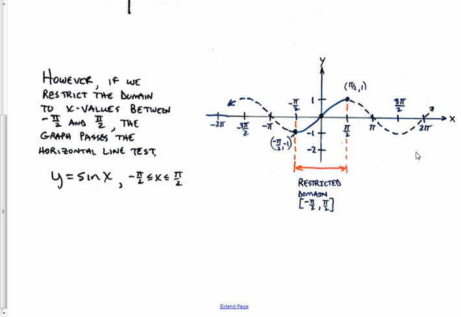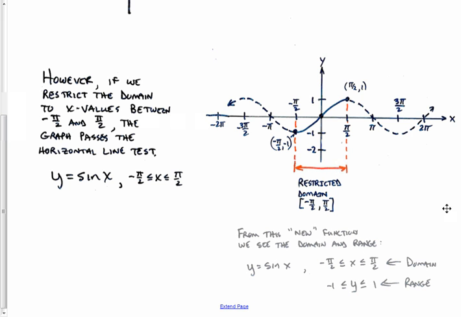So from this new function, we're taking the sine function but restricting its domain between negative pi over 2 and positive pi over 2, but notice its range takes on the full values of y that the sine function takes. The sine function goes between negative 1 and 1, and if we use only this part of the function, we still have all the appropriate y values, and that's an important part of this.